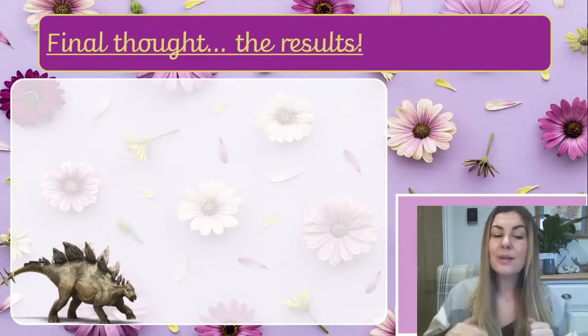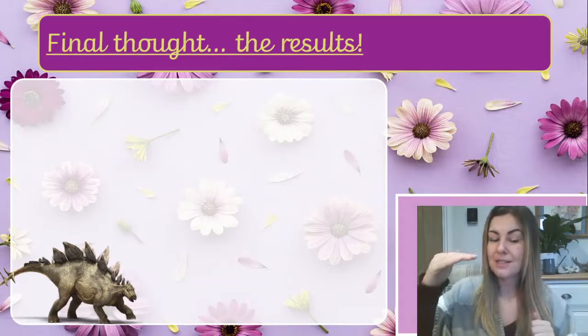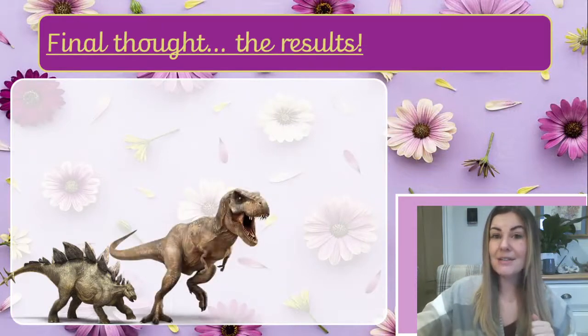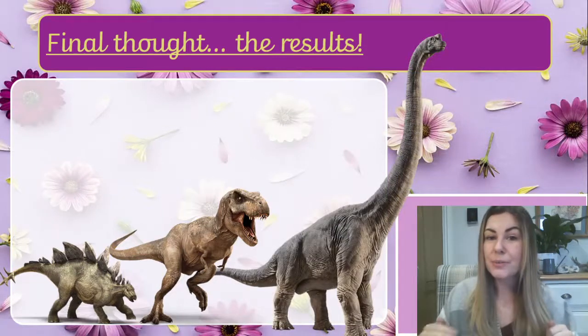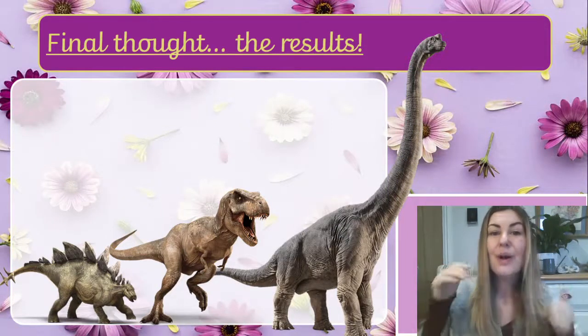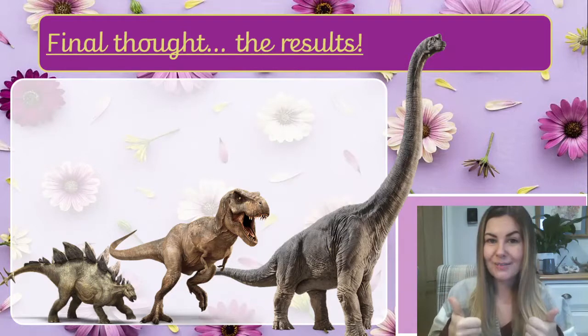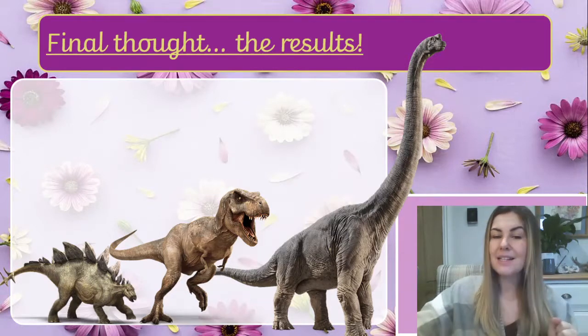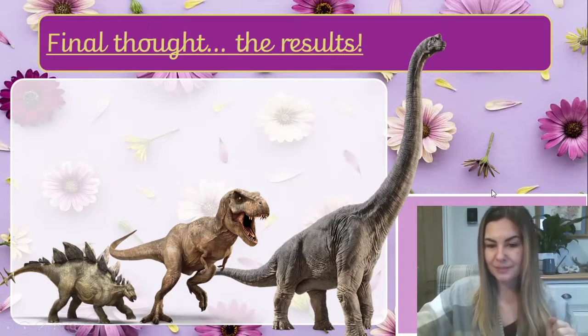The dinosaur that was taller than the Stegosaurus but shorter than the tallest dinosaur was the T-Rex, which means that the Brachiosaurus was the tallest dinosaur. Well done if you got that right. If we were to compare these dinosaurs to humans, I think we would just about reach the Stegosaurus's leg or knee. And that's how tall dinosaurs were.